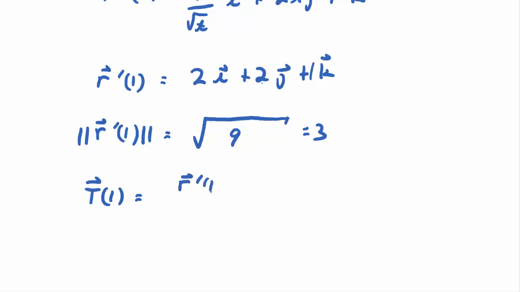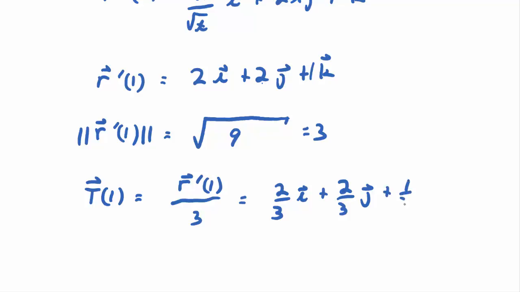So it's r prime of 1 divided by the magnitude of r prime of 1, which is 3. That's going to be 2/3 i plus 2/3 j plus 1/3 k. And that's it. This is just a tangent vector that has length 1.